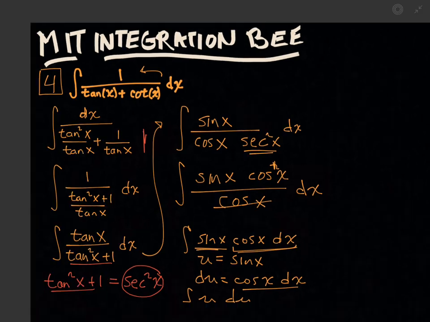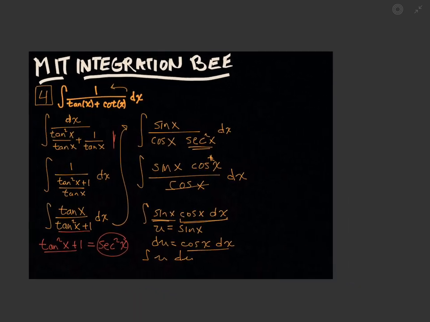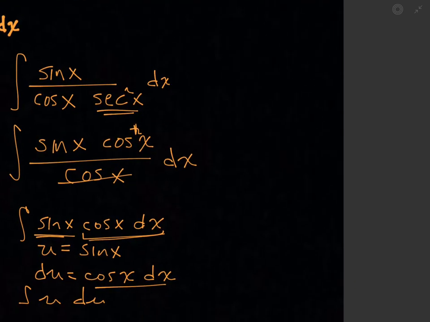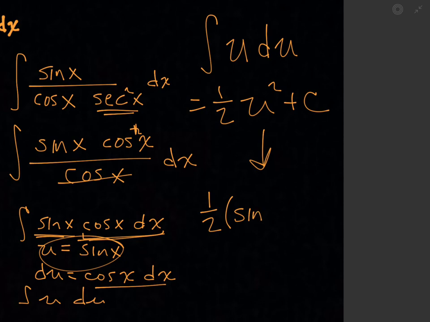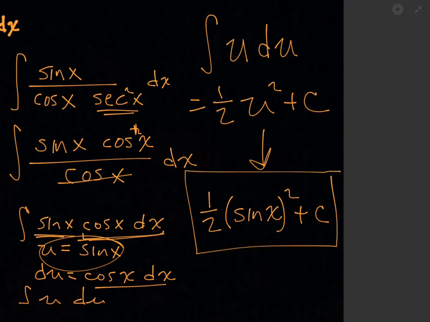So the integral of u du is 1/2 u squared plus c, which is the same thing as saying, using our sine from here, 1/2 sine squared x plus c. That is our answer. Awesome. Good work.